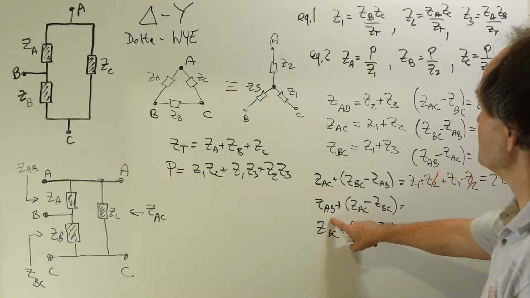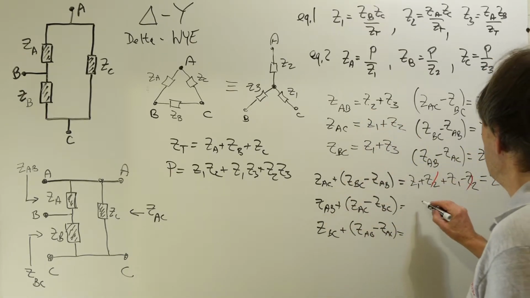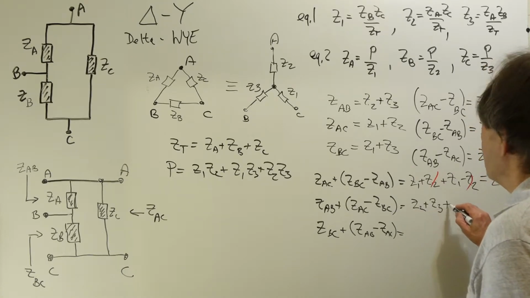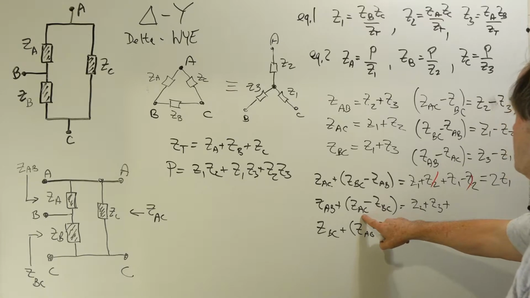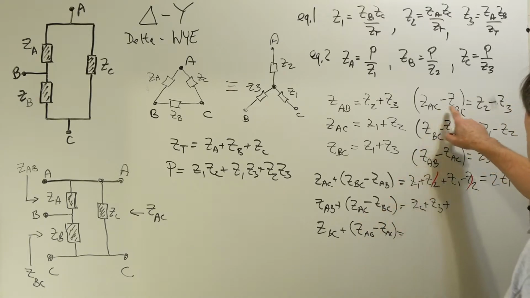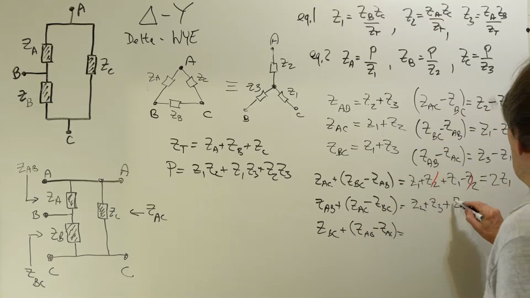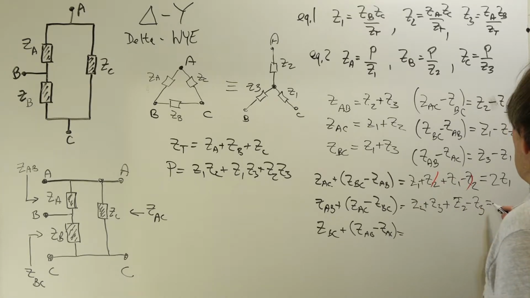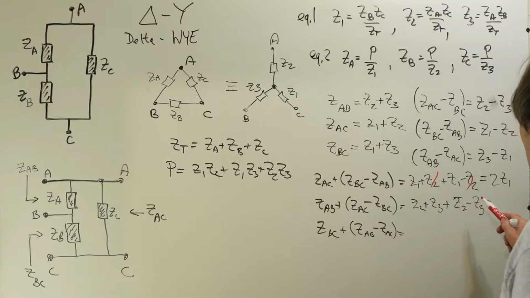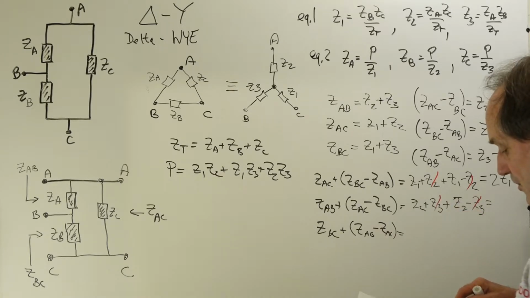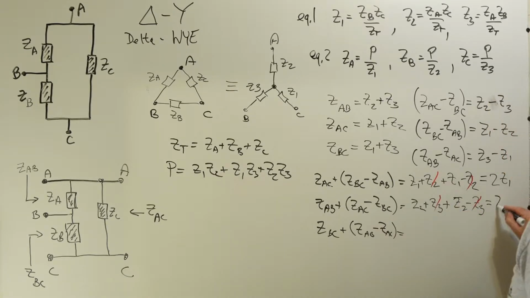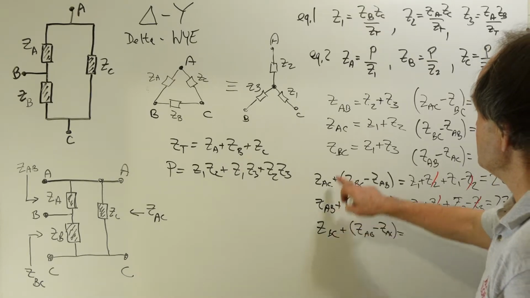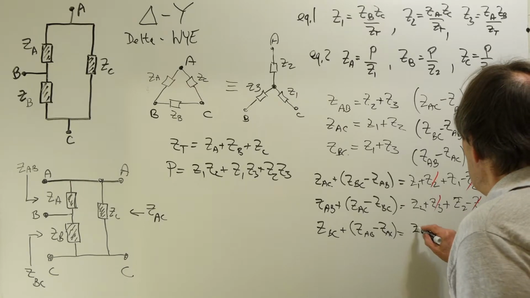Likewise, I'm going to take ZAB, which is Z2 plus Z3, and to it I'm going to add AC minus BC. AC minus BC is Z2 minus Z3. So our Z3's cancel, and we end up with 2Z2. And here I have ZBC, which is Z1 plus Z3.